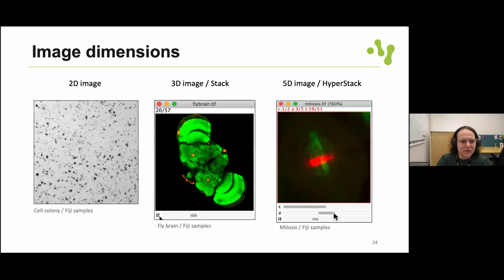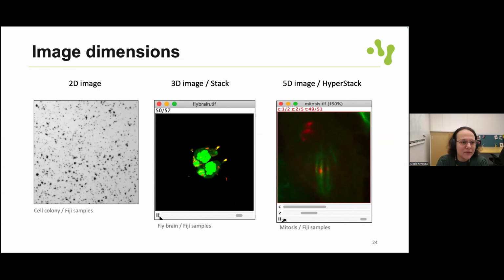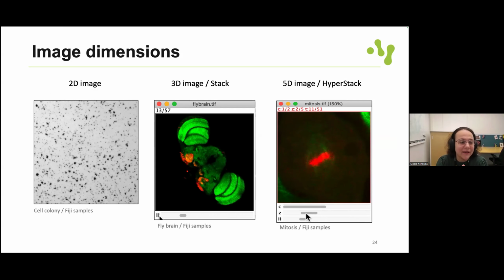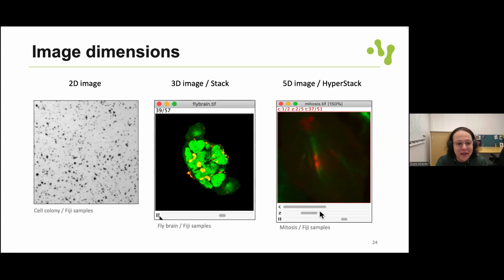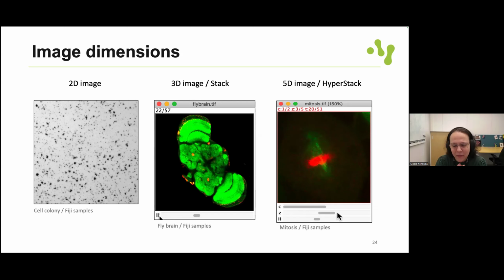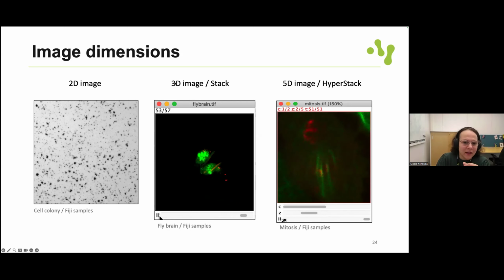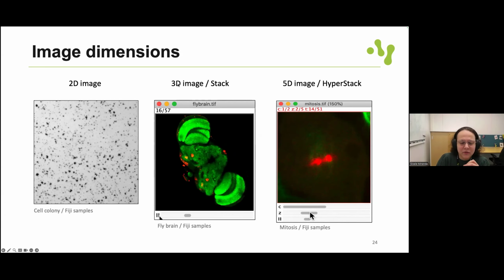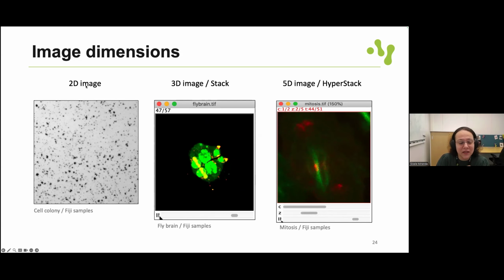And also, now more and more with high content, high dimensional data in microscopy, especially fluorescence microscopy, we talk about channels, volume, time. So it's important also to understand exactly what the dimensions of the image are.